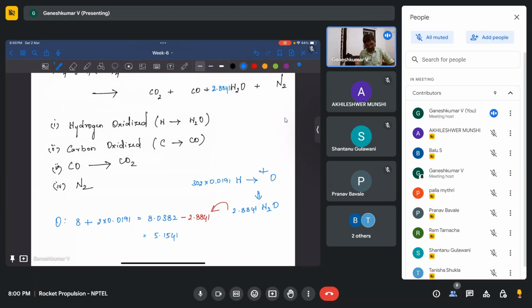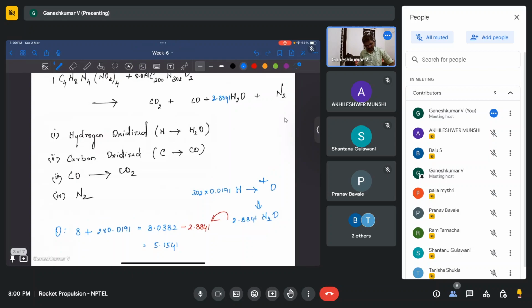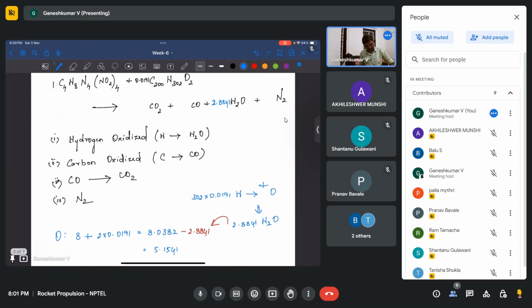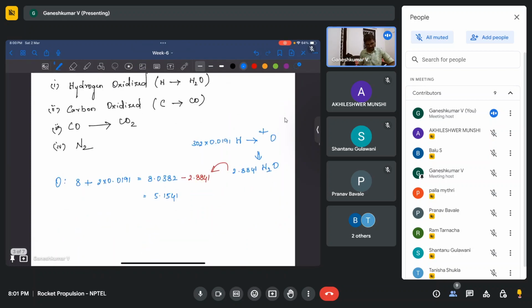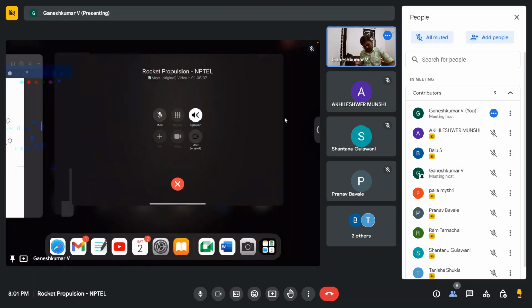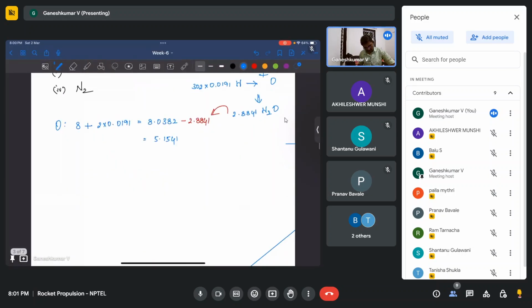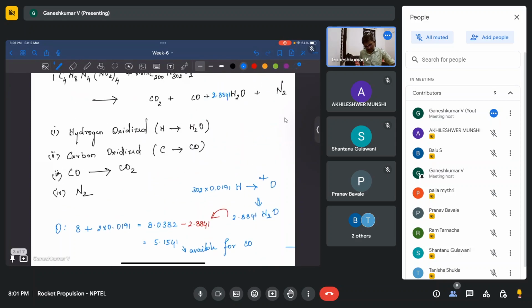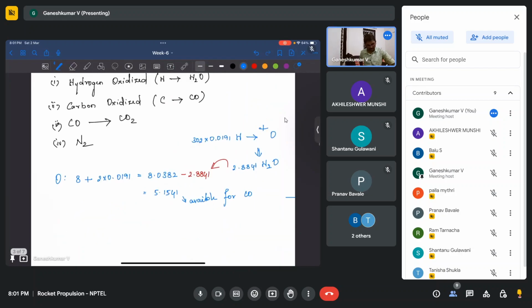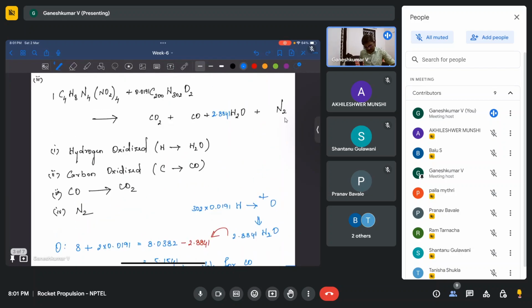So 5.1541 oxygen is available for CO and CO2. The formation of CO depends upon the number of carbon atoms we have. How many carbon atoms do we have?